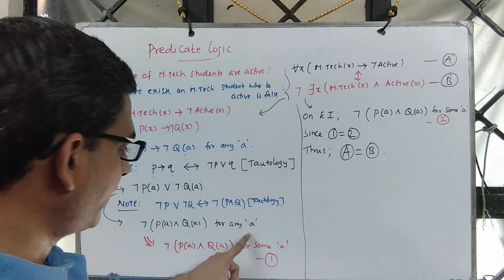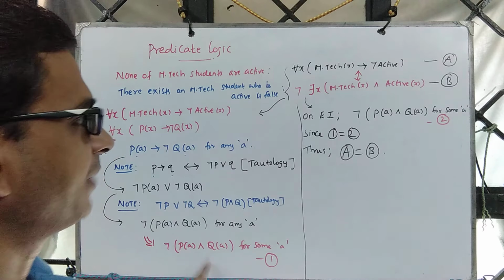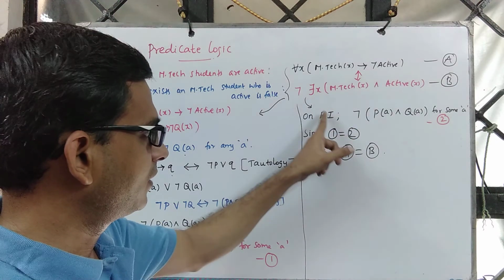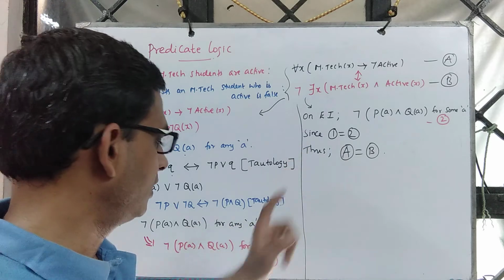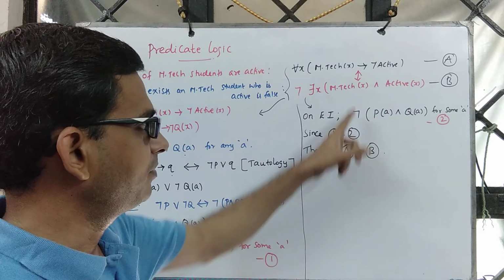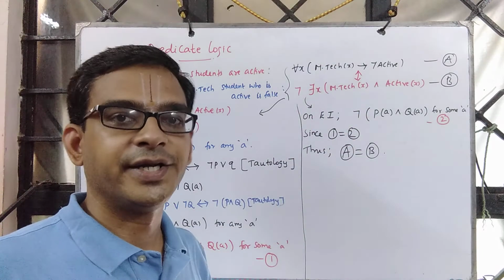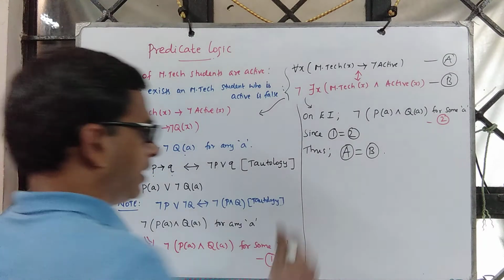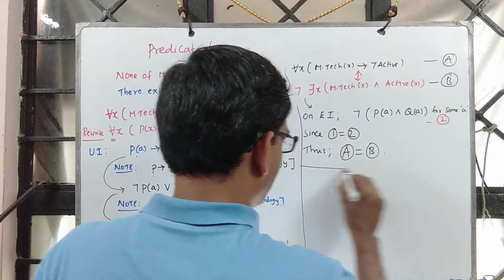Since it is true for any A, it is also true for some A. Now I need to compare that with this, so convert this into a proposition and you see that these two are the same, therefore they are equivalent. Fine. And this is one way of doing this.